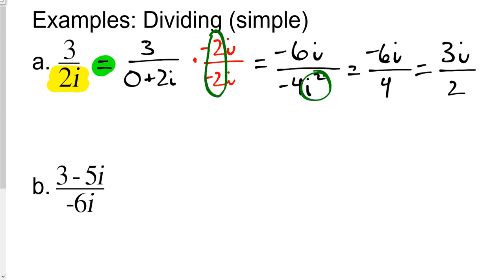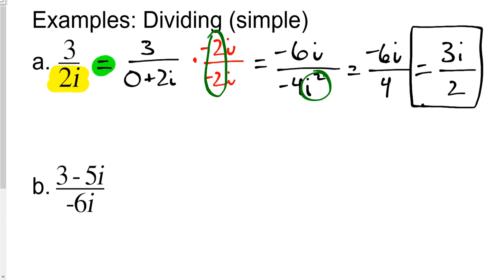All right, so this is kind of the more complicated way to go and think about it. For the next example, I'll show you the easier way to do it that hopefully we all just remember. Okay, but it's going to be expressed in simplest form, in standard form, as just 3i over 2.